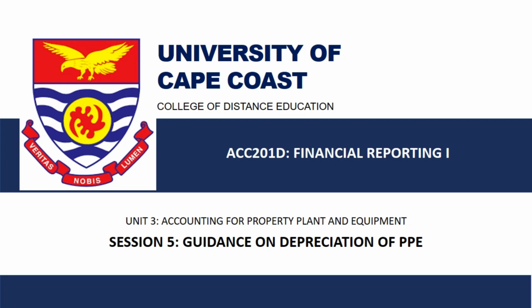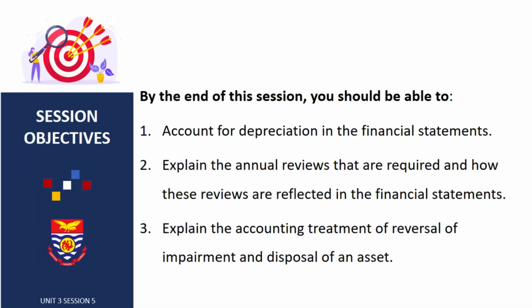We've looked at what depreciation is under Section 1, where we define some of the key terms under property, plant, and equipment. At the end of this session, you should be able to account for depreciation in the financial statement, explain the annual reviews that are required, and how these reviews are reflected in the financial statement.